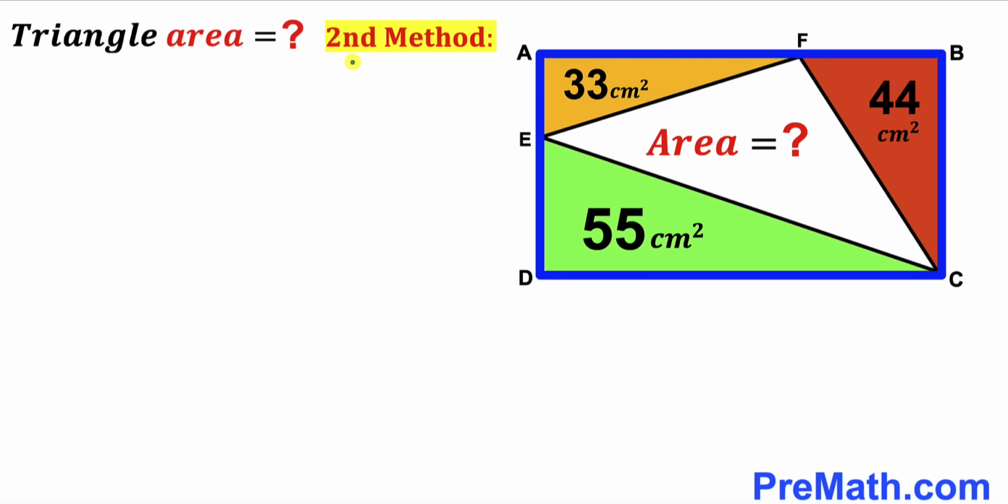And now I'm going to share with you the second method as well. And here's our very first step. We can see that this green shaded triangle is our full length triangle, since one of its sides is full length. And this red shaded triangle is also a full length triangle, since one of its sides is full length.